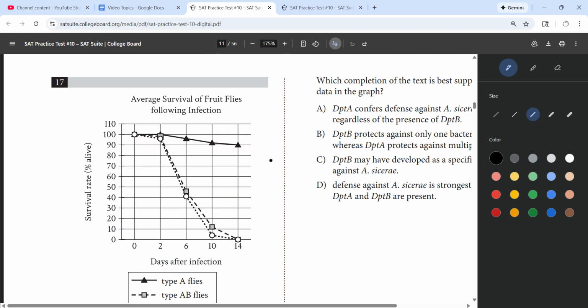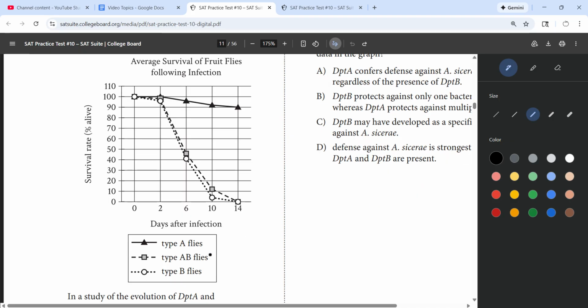Now looking at the graph, average survival of fruit flies following infection. Survival rate, percent of live versus days after infection. Okay, so the percent of them that are alive, and then this is days after infection. We have 3 types. Can we go over what they have or don't have? We can. Type A, what gene do they have on fighting bacteria for them?